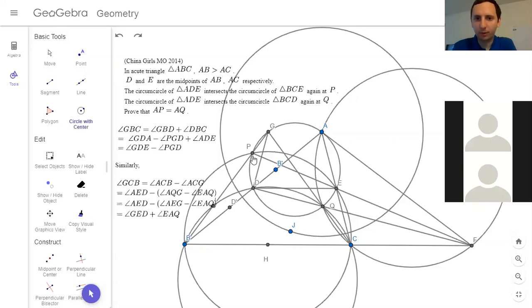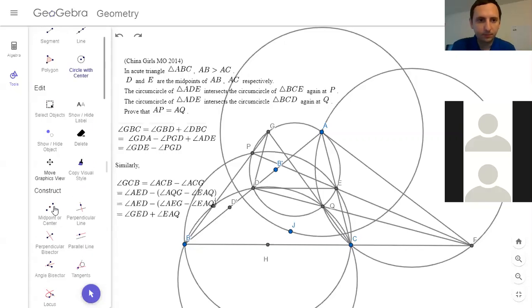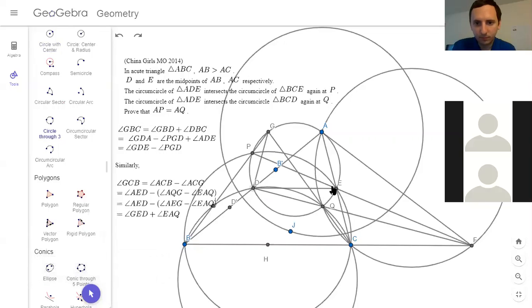Okay. After that, we let the circumcircle of DEC intersect BC at P1. So P will transform to P1. Yes, because P is the intersection of the circumcircle of BCE with ADE.